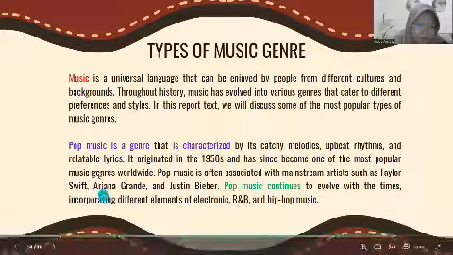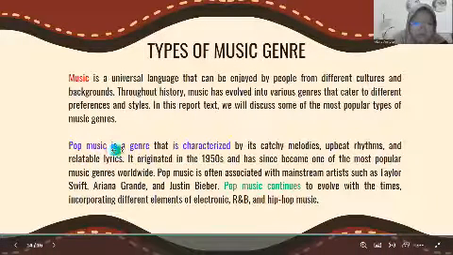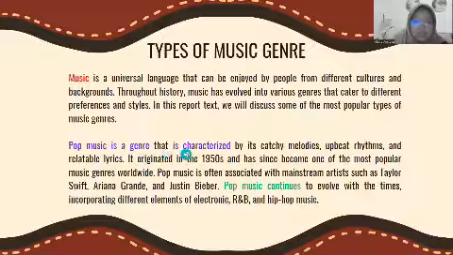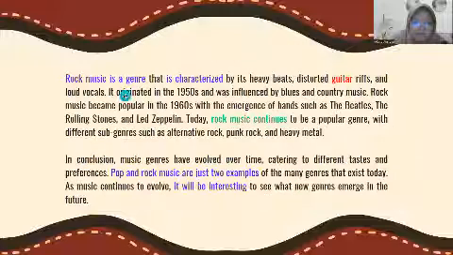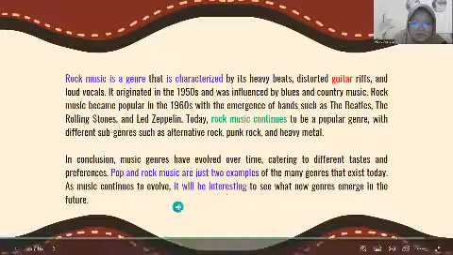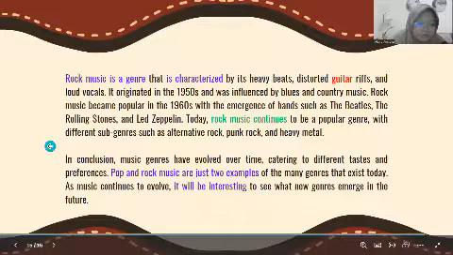It's the purple one. "Pop music is a genre," and "that is characterized." So here are the linking verbs. Also here, "rock music is a genre," and "that is characterized." Also here, "pop and rock music are just two examples," and here, "it will be interesting."